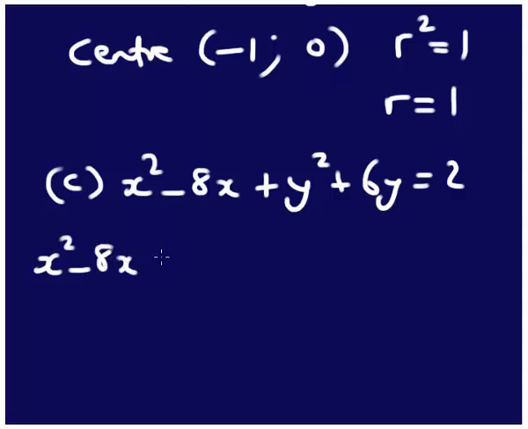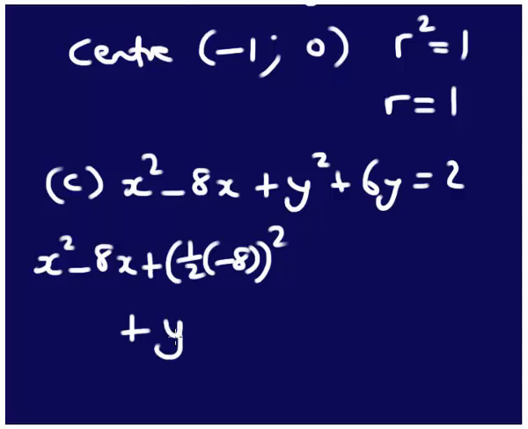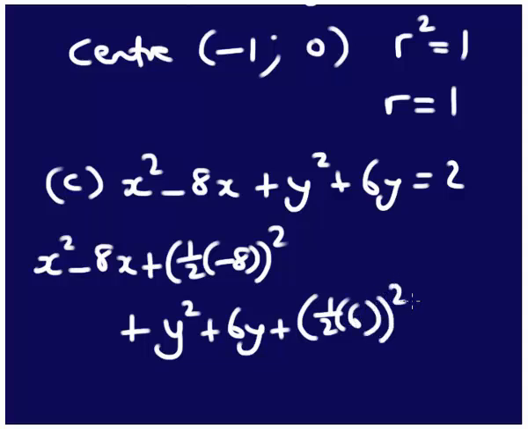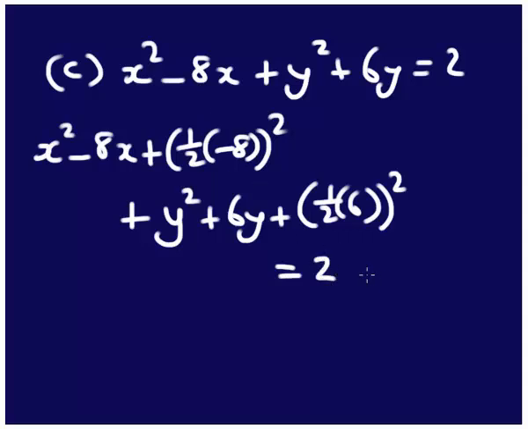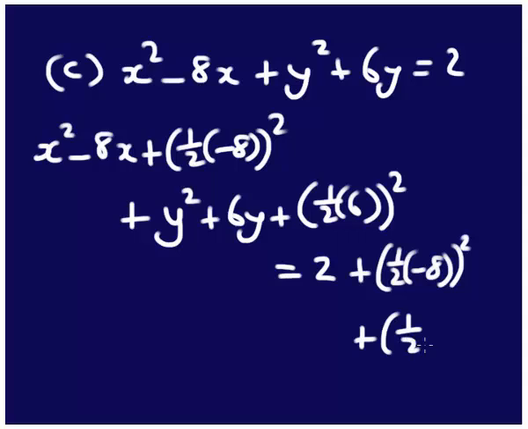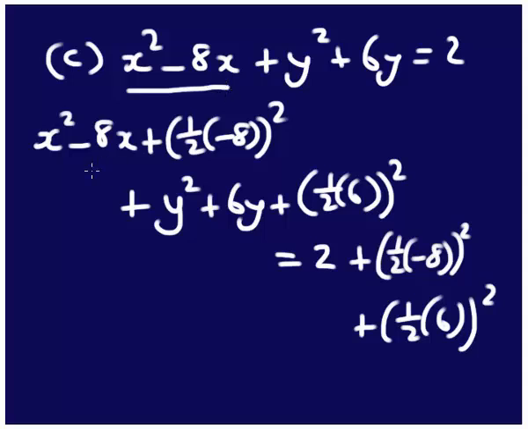So for this, I'm going to add in half the coefficient of x all squared, and then for this y squared plus 6y plus half the coefficient of y all squared equals, now careful now, we've got the 2 there, but we must add in, now this is important, we must add to the right side half the coefficient of x all squared and also half the coefficient of y all squared. If we put that on the left, we put it on the right.